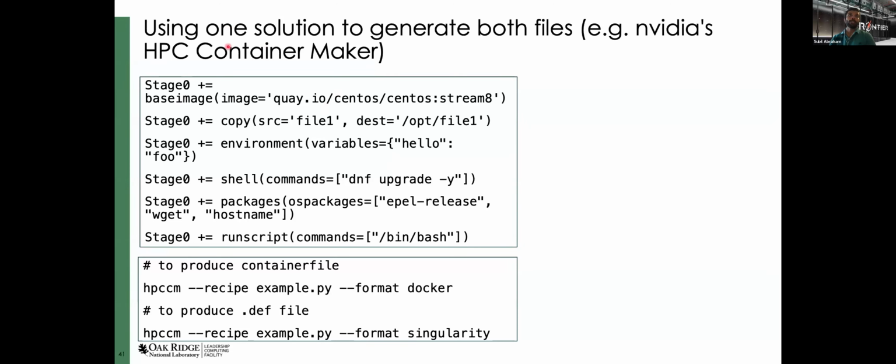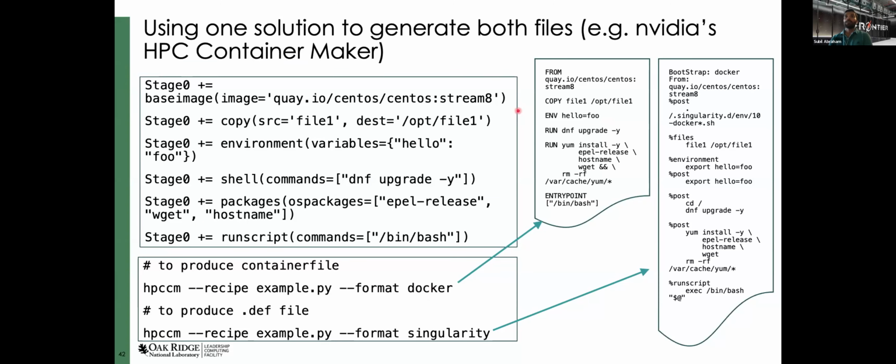HPC Container Maker has its own language, and we're building the same image that we've been building before with CentOS Stream. We're copying file 1 into the container image, setting an environment variable, running the DNF command, and installing certain packages. And then HPC Container Maker will output the corresponding container file format or the definition file format based on what you are requesting.